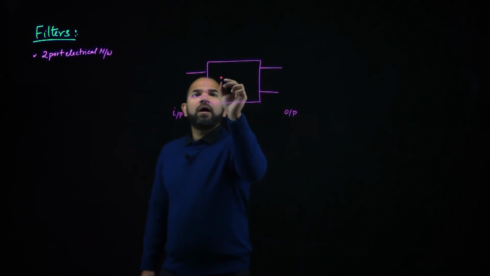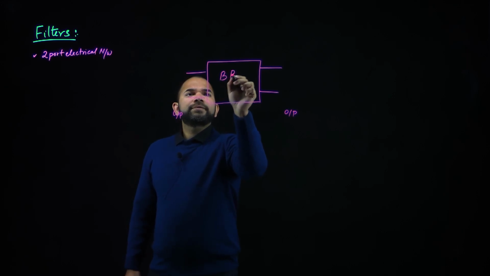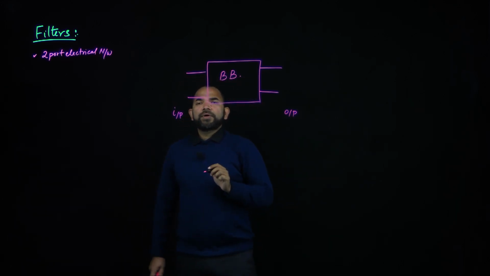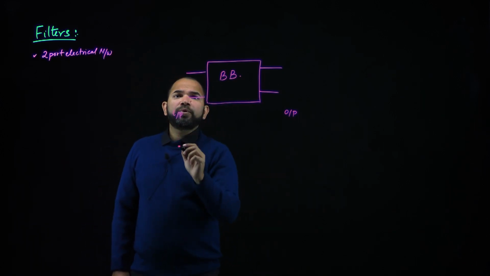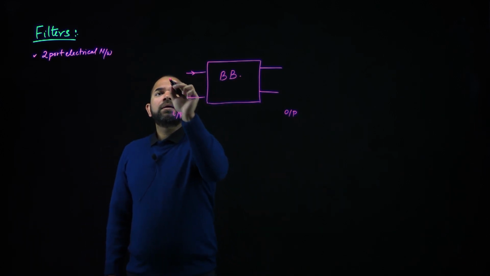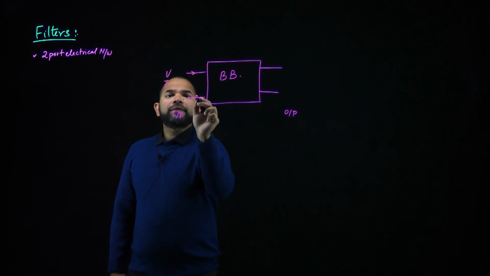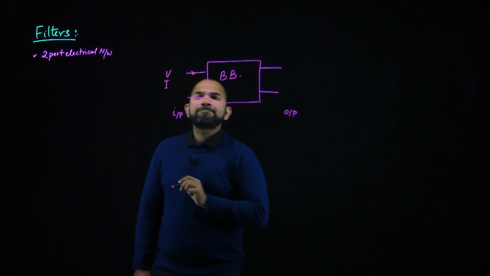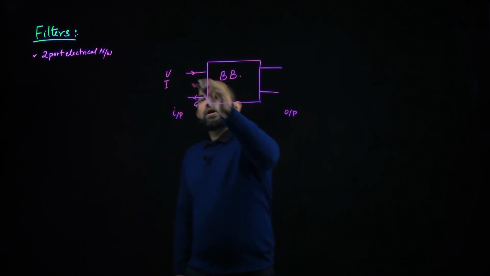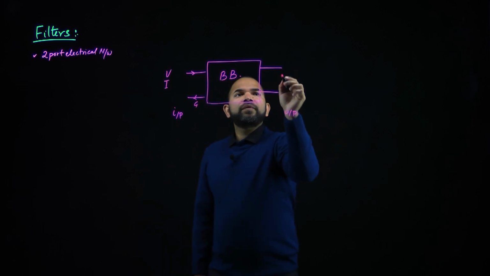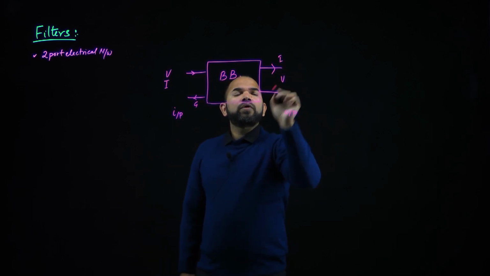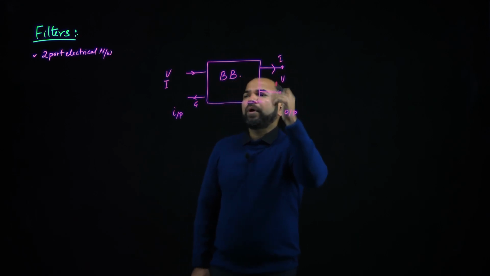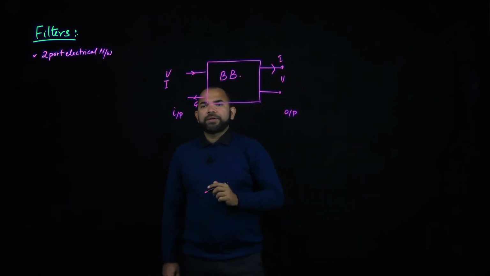If this is an input port, the signal could be a voltage or a current, and this is a ground signal, so the signal line and the ground line for port 1. Similarly, we can have a current or a voltage as our driving point measuring quantities.